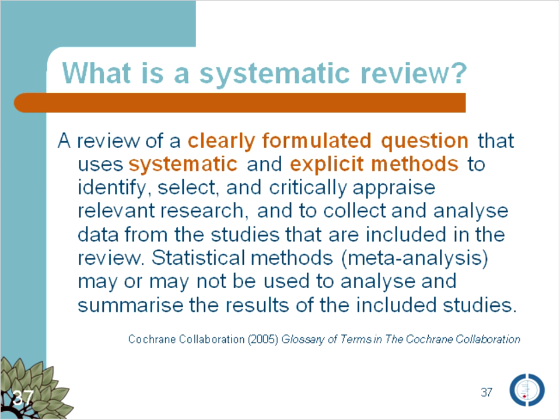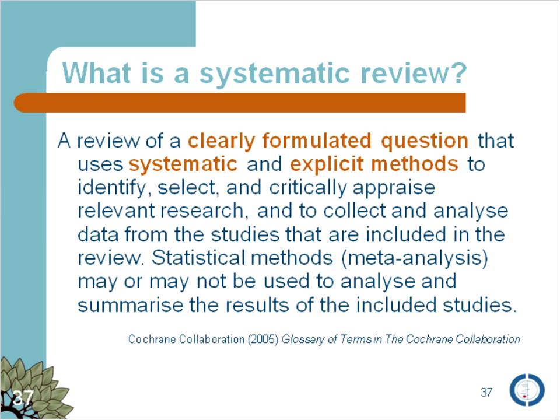But to look at what a systematic review is, I've pulled the definition that we have in our handbook and in the Cochrane glossary. To walk through it a little, a systematic review has to have a clearly formulated question. You have to have a clearly stated set of objectives to make clear what it is that you're intending to do.